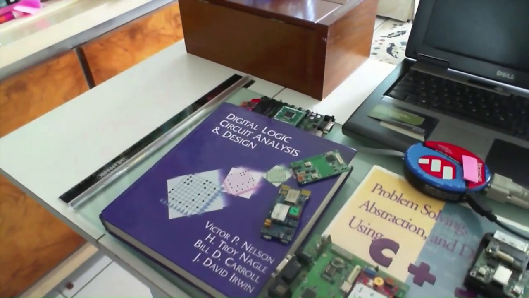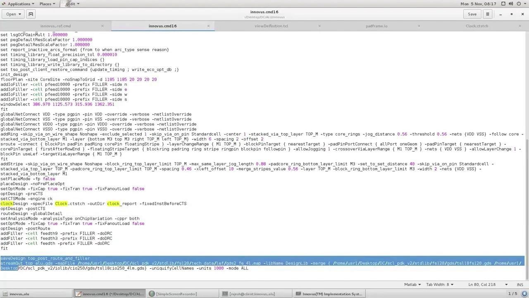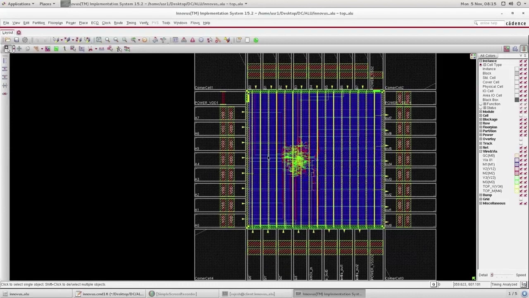You can specify the wire width and spacing to be used for each net. Clock nets are often given a wider width and spacing to reduce their resistance, capacitance, and noise.